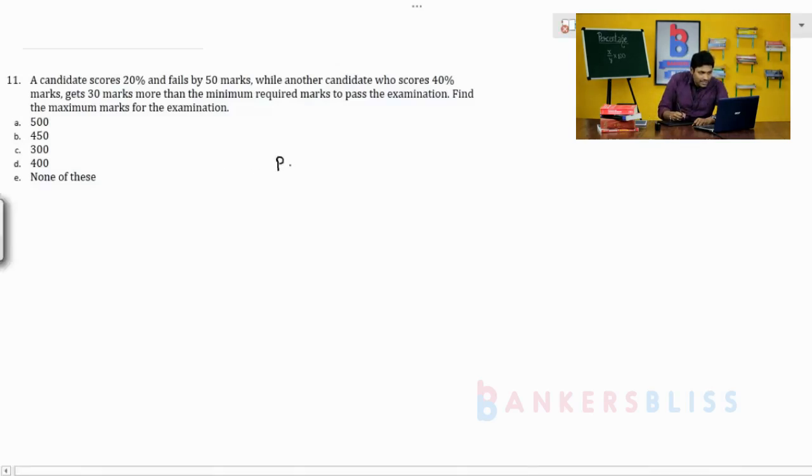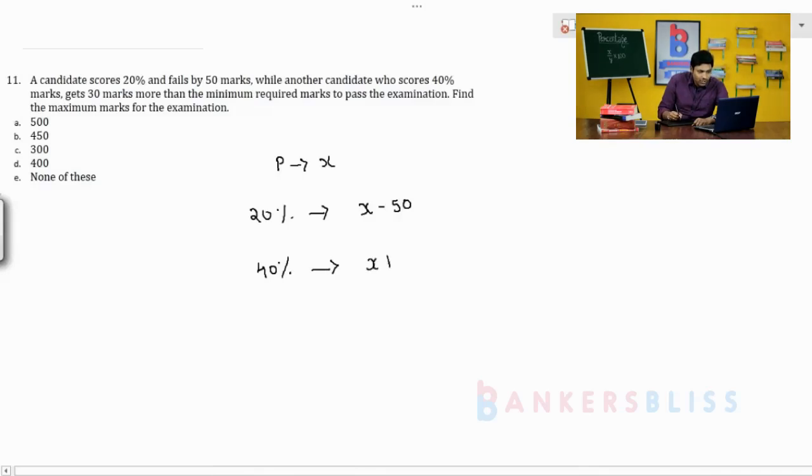consider the passing marks as X. If you get 20%, you fail by 50 marks, means you need 50 marks extra to pass. Means passing marks is X and you are getting 50 less, so X minus 50. See here, next 40% means you are getting 30 marks extra than the minimum.